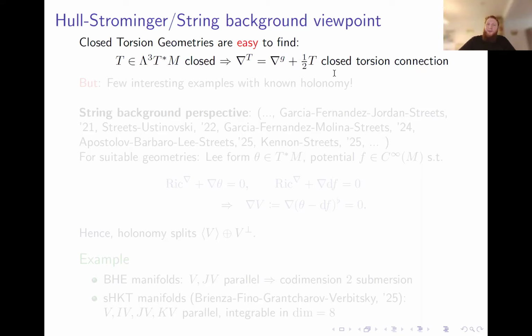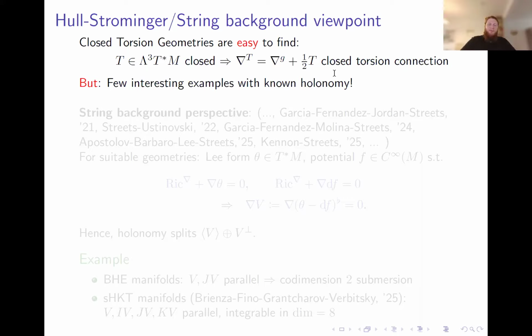Surprisingly, it's hard to cook up good examples with interesting holonomy. I've been running around with this theorem for quite a while and didn't know any examples, and I was looking for them. Basically, I only found them last year.